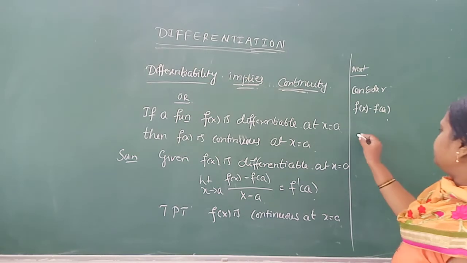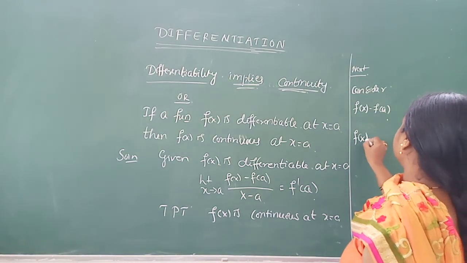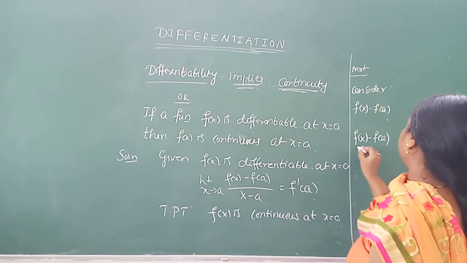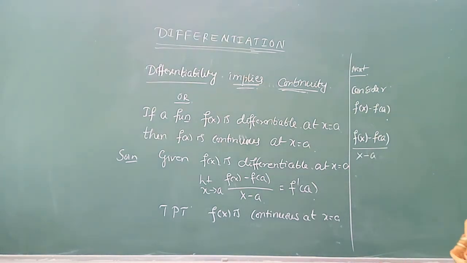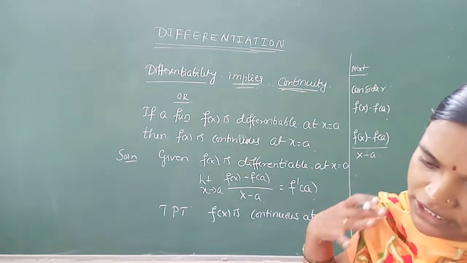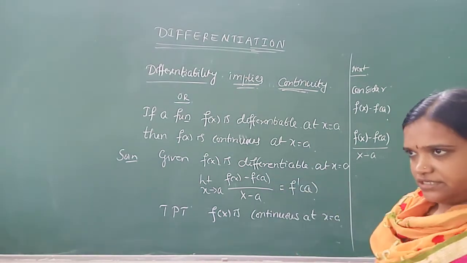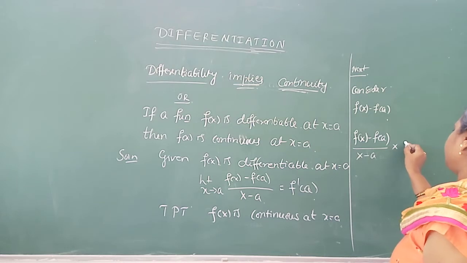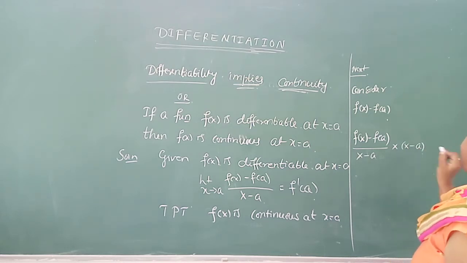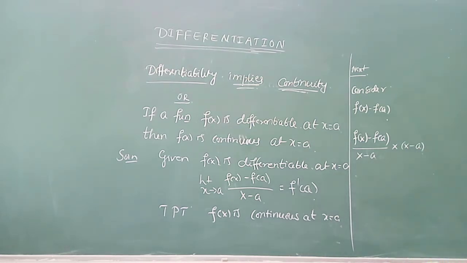Next, we take f of x minus f of a divided by x minus a, into x minus a. Do you understand? This way we can write.